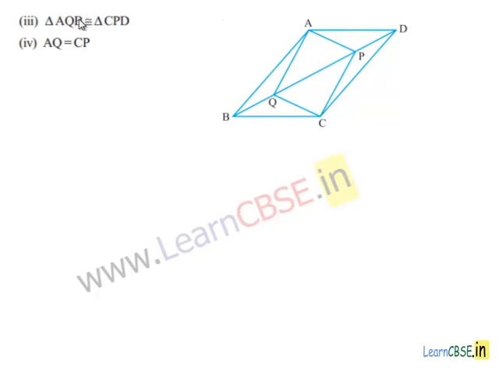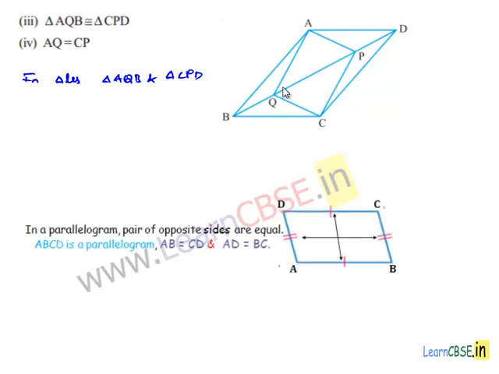Now in the third bit, he asked us to prove that triangle AQB is congruent to triangle CPD, and AQ is equal to CP in the fourth bit. So in order to prove this, let us consider both triangles, that is triangle AQB and triangle CPD. In this, AB is equal to CD, since ABCD is a parallelogram and the opposite sides will be parallel and equal.